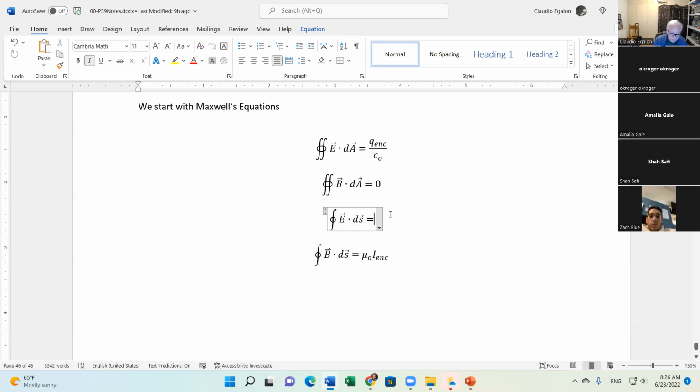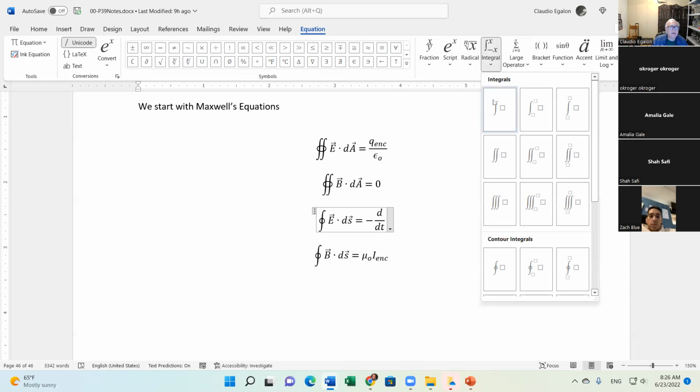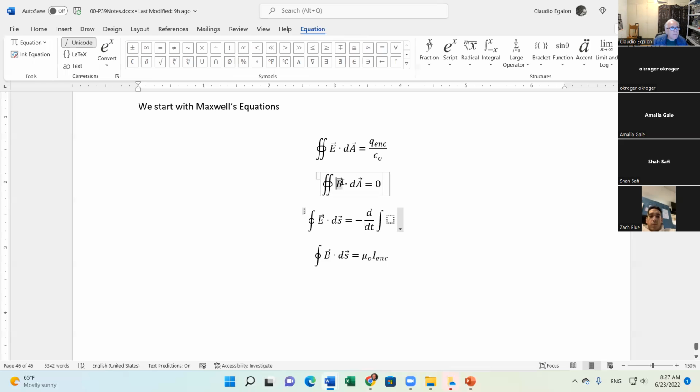What goes here is minus the magnetic flux. And how do we spell out the magnetic flux? We spell it out as an integral as well: B dot dA.